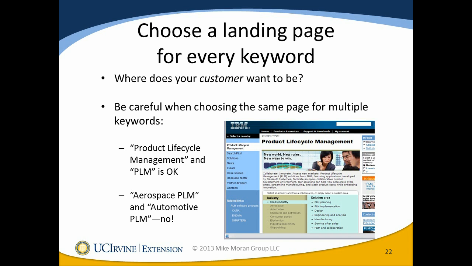So let's go through this in detail. When we said to choose a landing page for every keyword, how do you do that? Well, you might be tempted to choose a landing page that's where you want the customer to go. That's a typical way to think about things in marketing, right? What message do you want to send the customer? So if someone types in a certain keyword, then I want to send them a certain message.